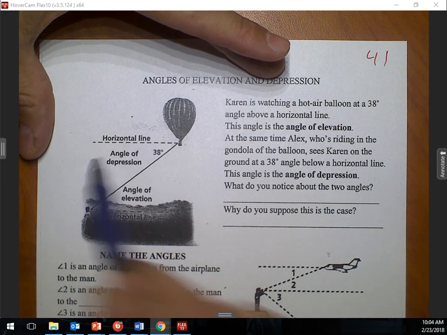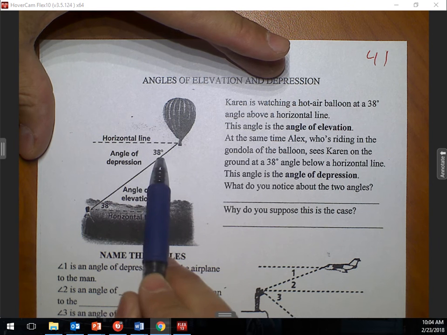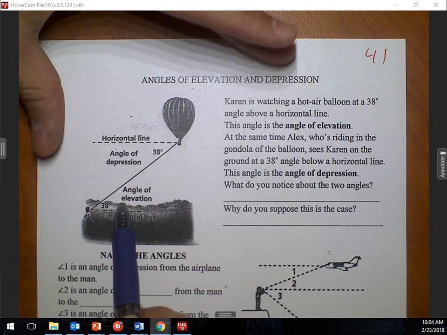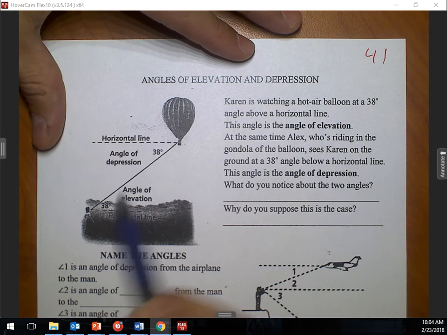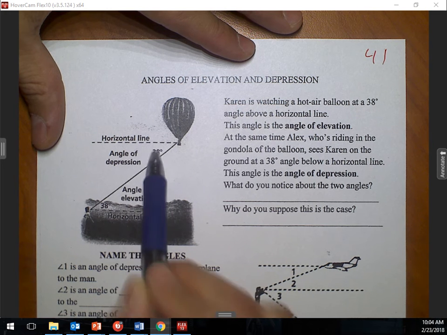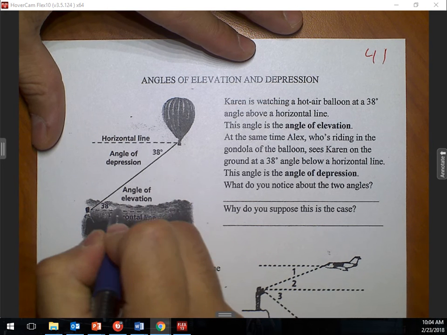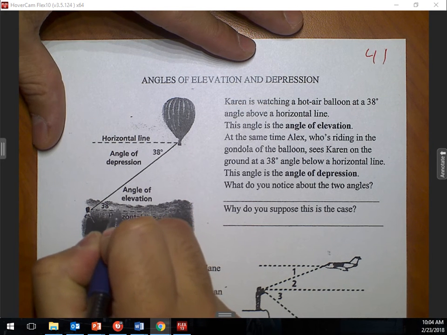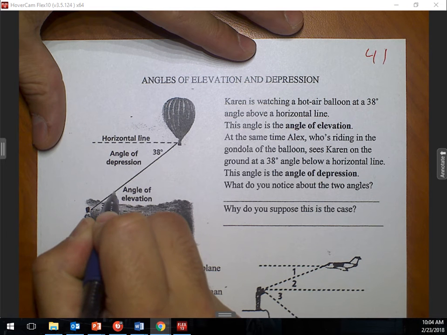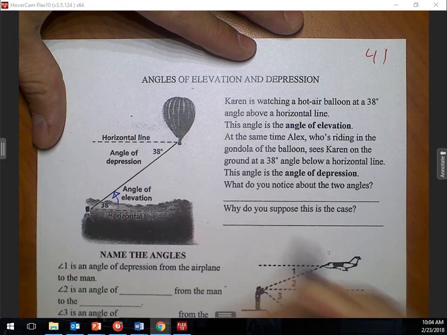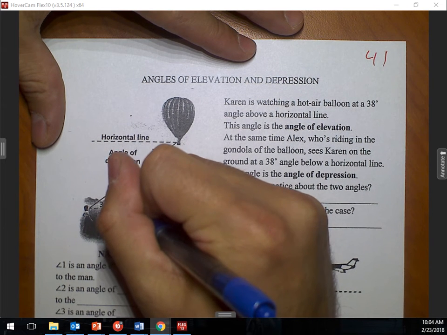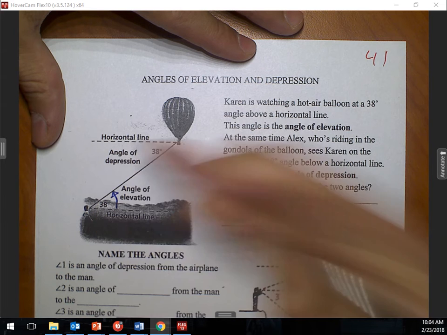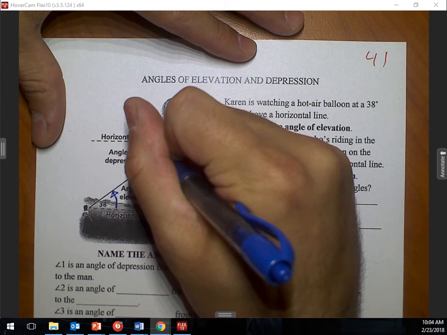So if these two are parallel, my angle of depression and my angle of elevation are going to be congruent all the time, because these are alternate interior angles. These angles will be congruent to each other. Angle of elevation is bottom up, so I'm going to draw an arrow this way. And angle of depression is top down.